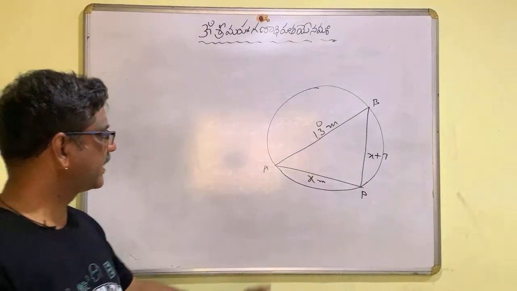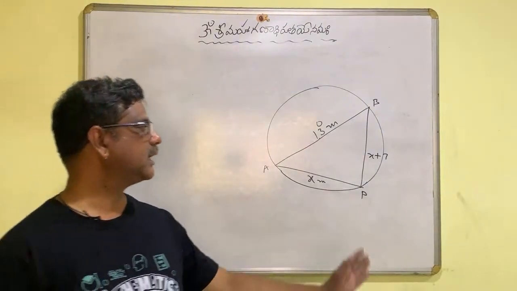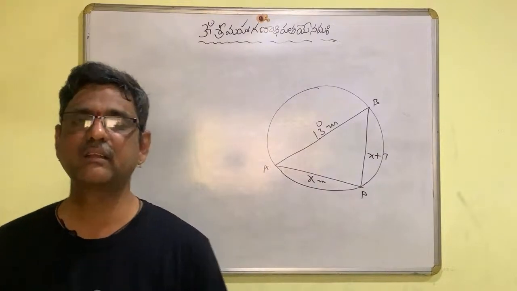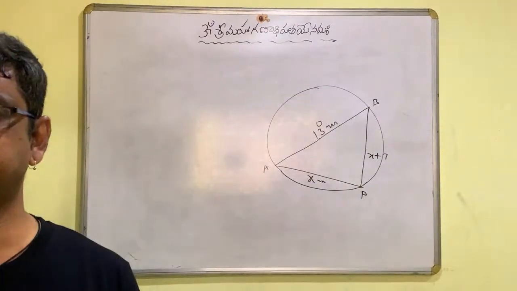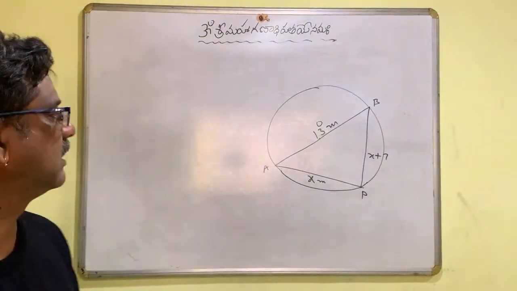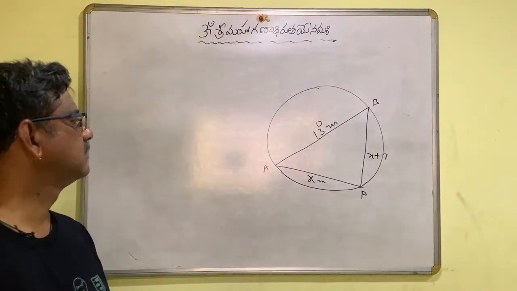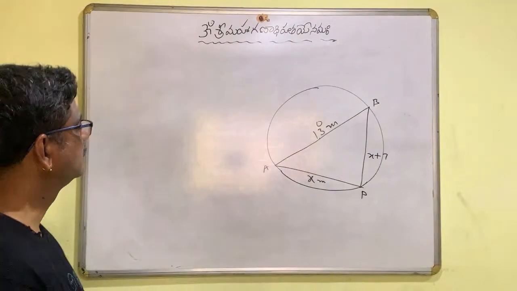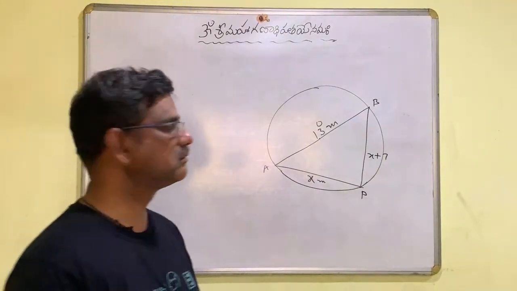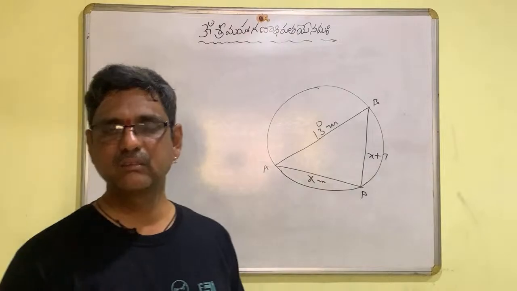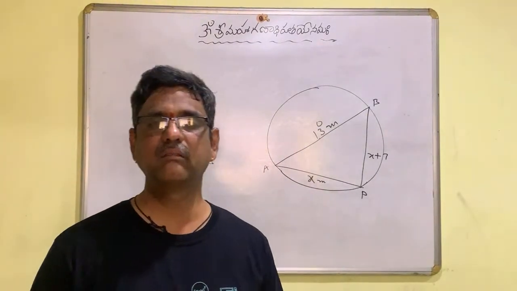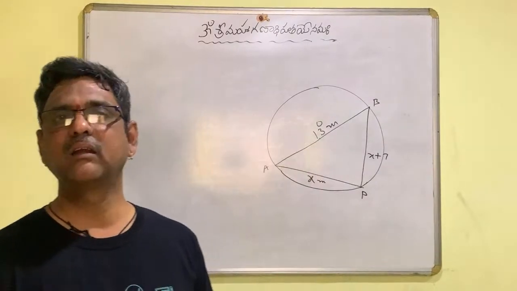Means if we consider PA as x, then PB is x plus 7. Or if we consider PB as x, then PA will be x plus 7. And we need to find out the distances PA and PB. So this is the question, which is a little bit higher level.